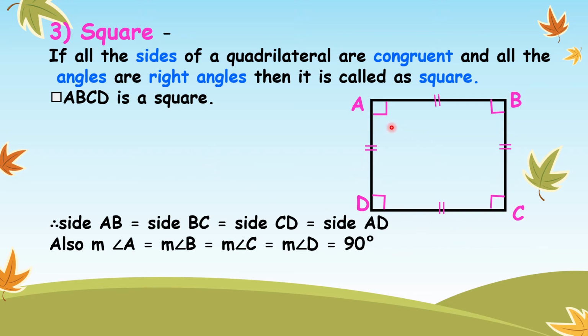The diagonals of a square are congruent. These diagonals are perpendicular and bisect each other. That means diagonals of a square are congruent and perpendicular bisectors of each other.